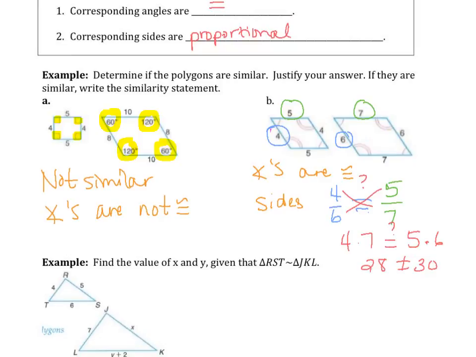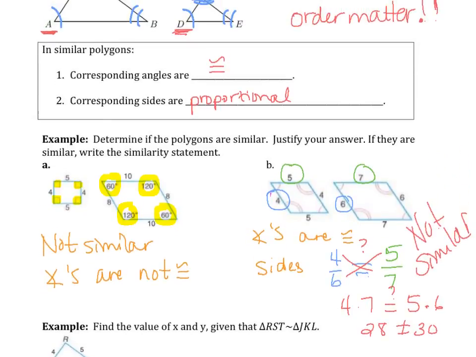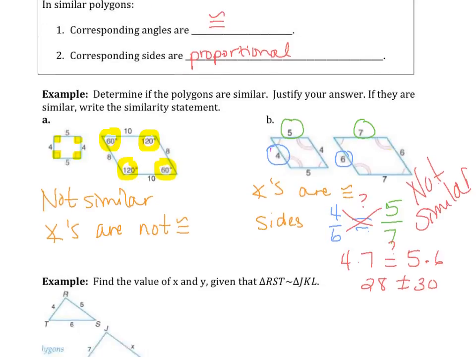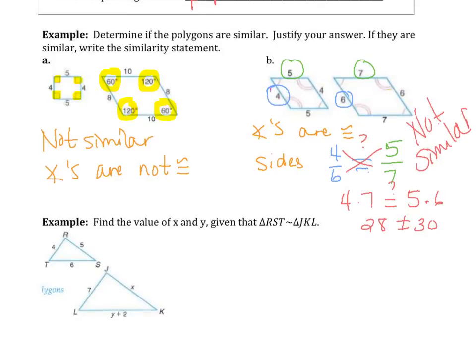So these polygons are not similar. Okay, and I've proved that by showing that although their corresponding angles were congruent, the sides were not proportional. So in order to be a similar polygon, I'd need to have those congruent angles and corresponding sides that match.